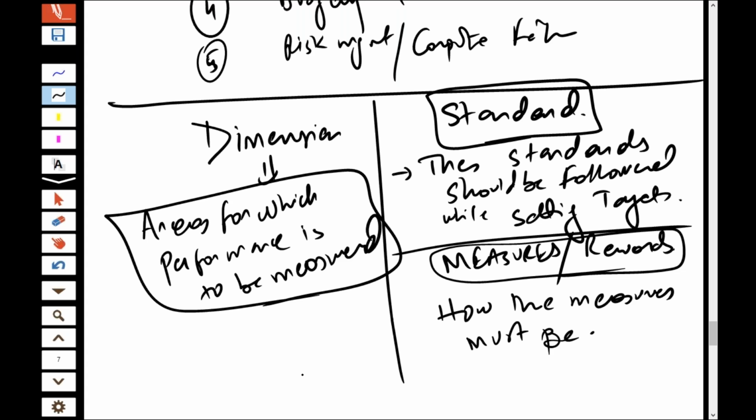So when we talk about, I'm repeating, this specific building block model, you need to understand that there are three specific things with respect to it. One is a dimension block, the other is a standard block, and the third is the measures or the rewards block.